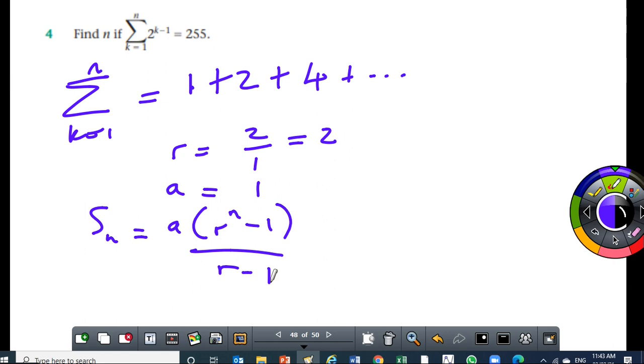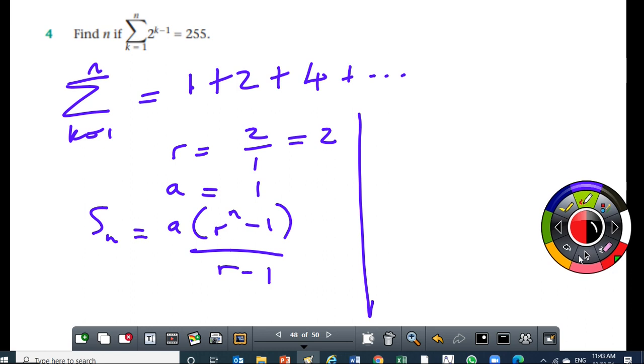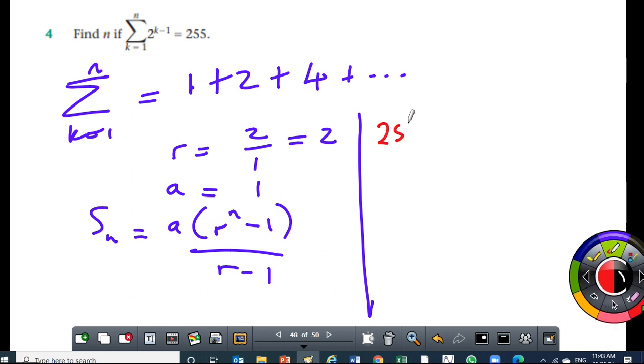So know your formula. Then when I substitute, where you have Sn, you put 255. 255 is the sum of all the terms of this geometric series. So I'll put 255 is equal to, my first term is 1, and my common ratio is 2.